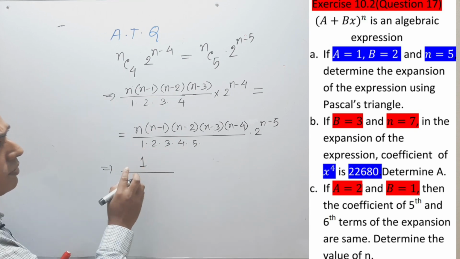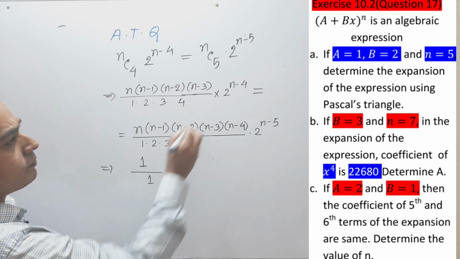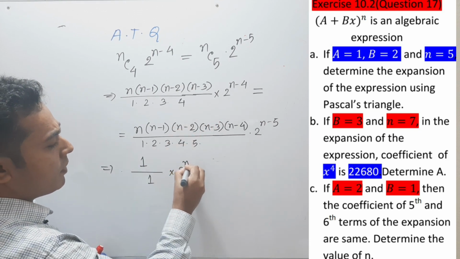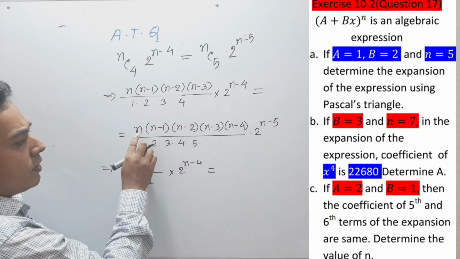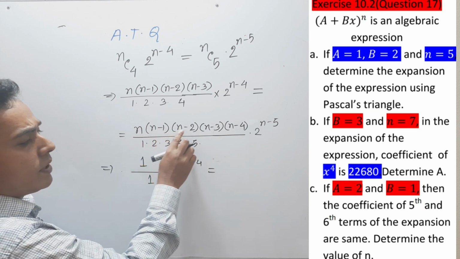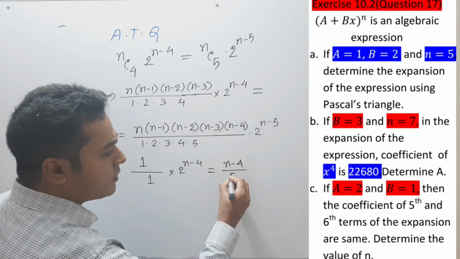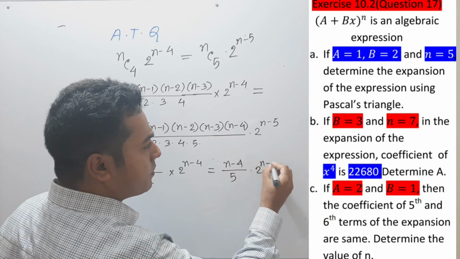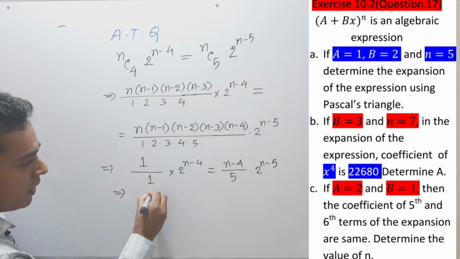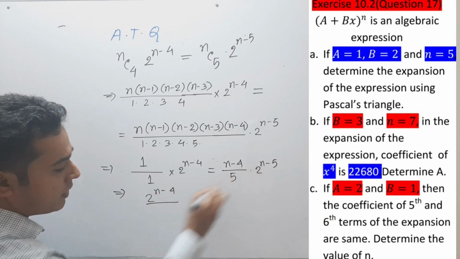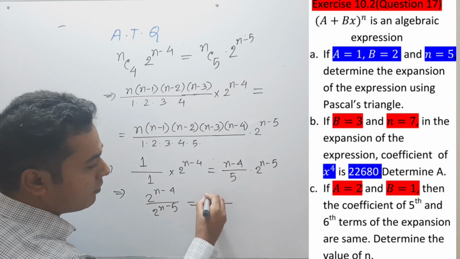So it is 1 times 2 to the power n minus 4, equal to n minus 4 over 5 times 2 to the power n minus 5. So 2 to the power n minus 4 divided by 2 to the power n minus 5 is equal to n minus 4 divided by 5.